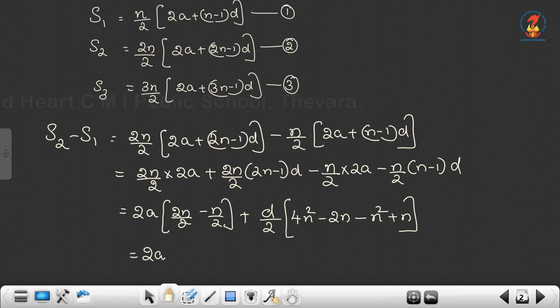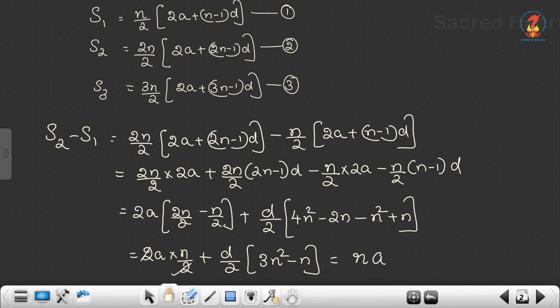Then 2a into, what is 2n minus n by 2? That is n by 2 itself, plus d by 2 into 3n square minus n, that is na plus d by 2 into n we can take out, so 3n minus 1 into n. Okay, this much we get. That is S2 minus S1.